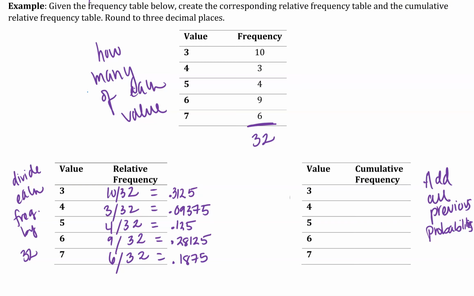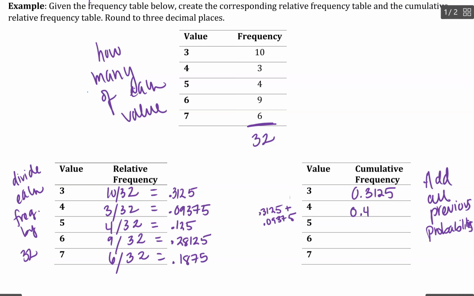So our first probability will not change. It will still be 0.3125. But then for the next probability, or cumulative frequency, we're going to add 0.3125 to 0.09375. So adding those two together gives us a cumulative probability of getting the value of 4.